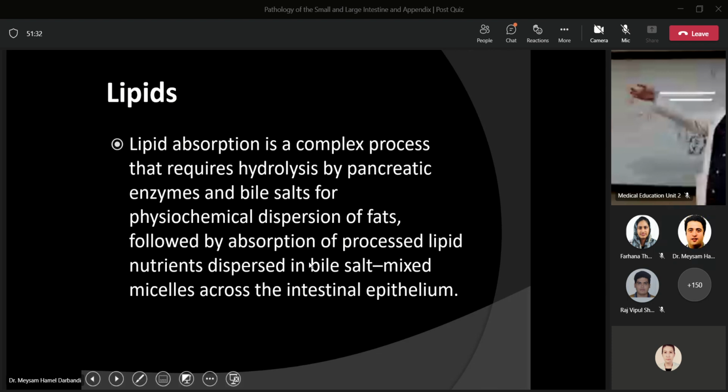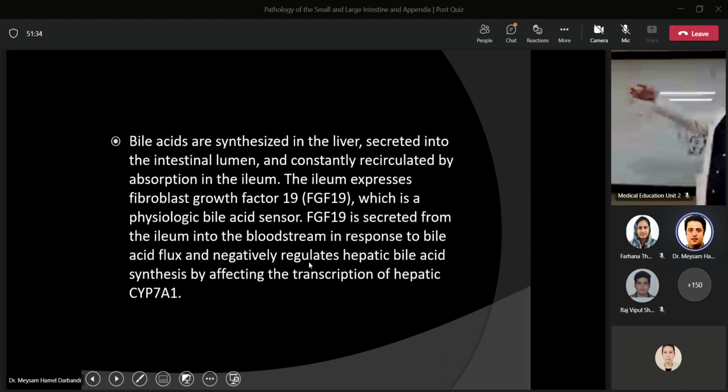Bile salts are synthesized in the liver, that we know. How do we synthesize the bile salt? With cholesterol, correct? There is a 7-alpha hydroxylase enzyme which helps synthesize bile acid. Let me ask your vice president, stand up.